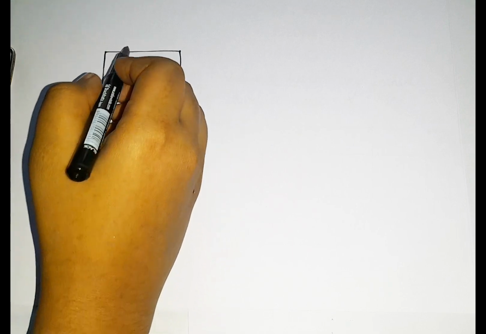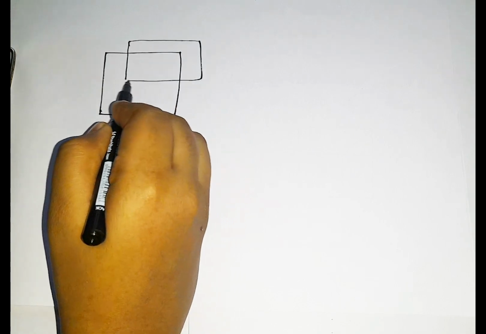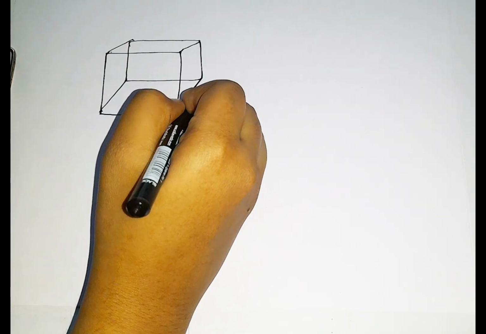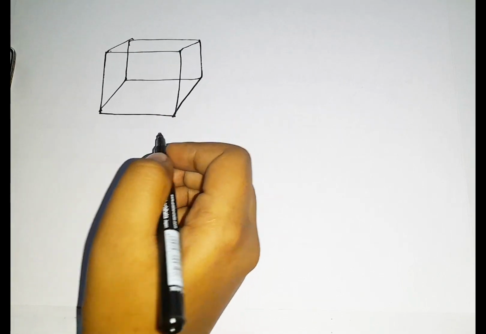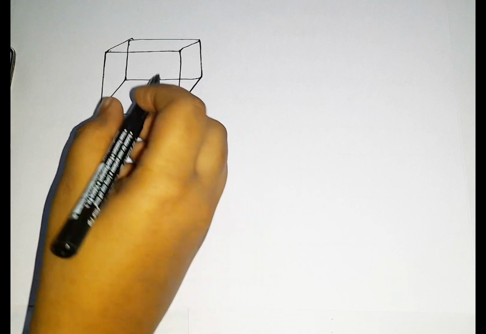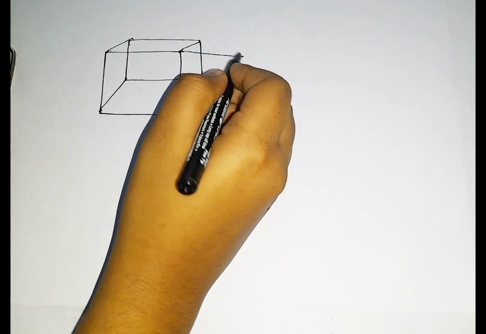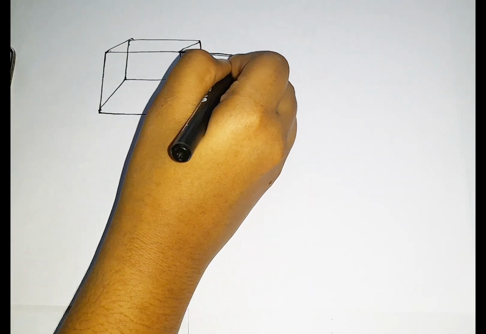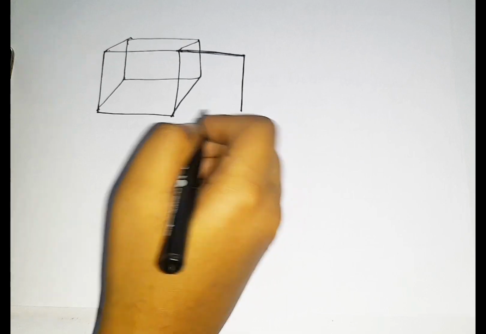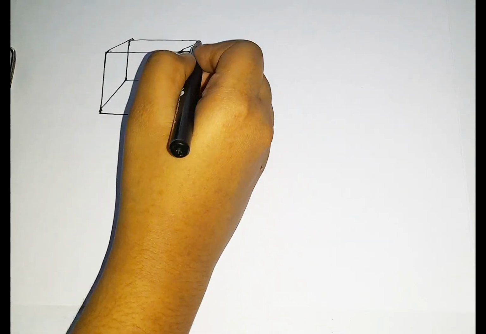Now you can practice how to draw a cube. So a cube something like this. Now since you guys know this is a cube, we are supposed to make it into a cuboid. I am just doing it a little bit dark.